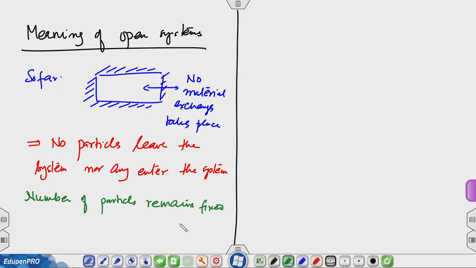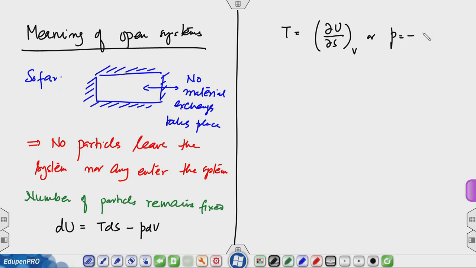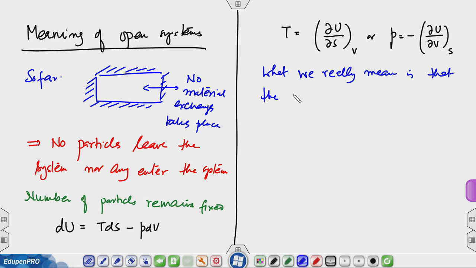Although it is not shown. So for example, when we take dU equals T dS minus P dV and write T equals partial U over partial S at constant V, or P equals minus partial U over partial V at constant S, what we really mean is that the number of particles N is also fixed.